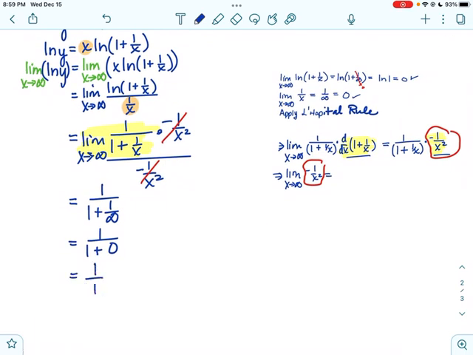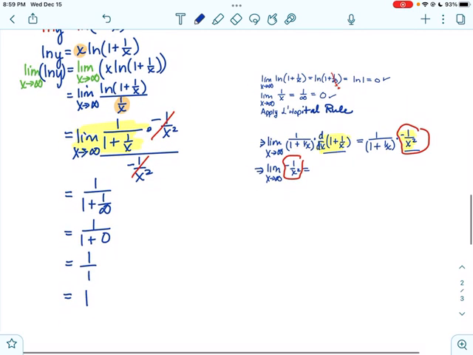So now you have to remember what we have going on the other side. Remember, we had the limit as x goes to infinity of ln of y is equal to 1. So really all you have to do is say, as x goes to infinity, ln of y goes to 1.